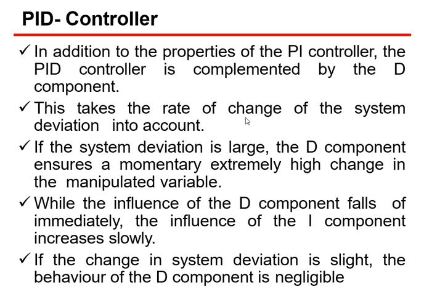Where there is influence of the derivative component, the integral will not work, and whenever the influence of the integral component comes into the picture, the derivative will not work. So they are complementing each other. So that's why PID controllers are very useful. And if the change in the system deviation is slight, the behavior of the D component is negligible.